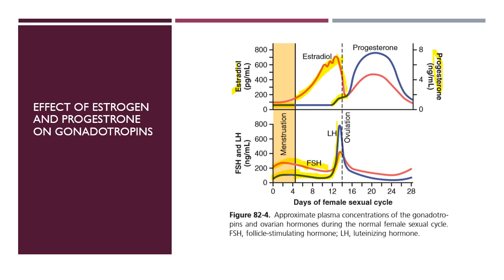And this is contradictory to what we know about the negative feedback effect of estradiol. So it is a characteristic of the female ovarian reproductive cycle that there are contradicting effects of estrogen due to different stages of the ovarian cycle.